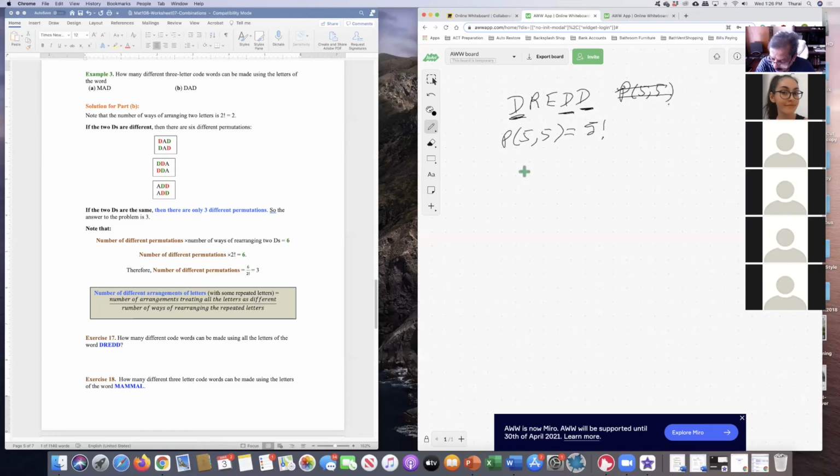So the actual number of words we have is factorial 5 divided by factorial 3. The number of ways of rearranging the 3 matching letters is equal to factorial 3. P(3,3) is factorial 3. So that's what you have to do. 5 factorial over 3 factorial is the same as 5 times 4. We learned that before, which is 20. So now we know there are only 20 distinct words because of the matching letters.